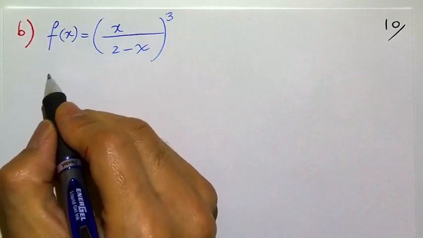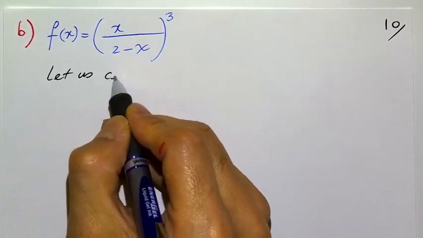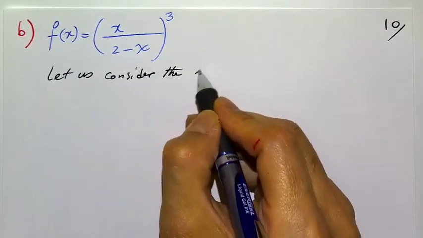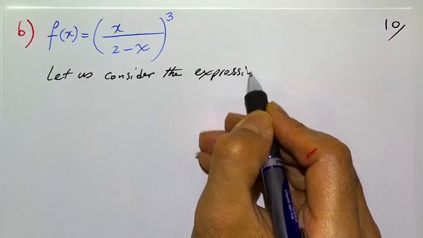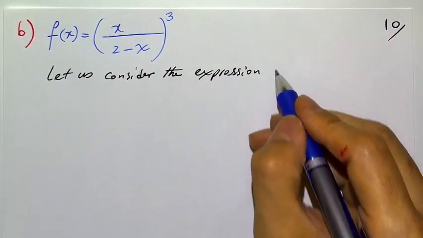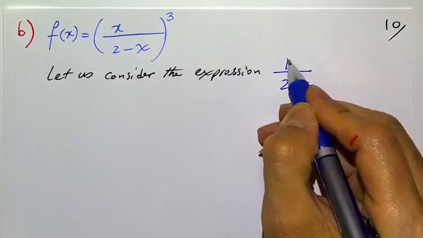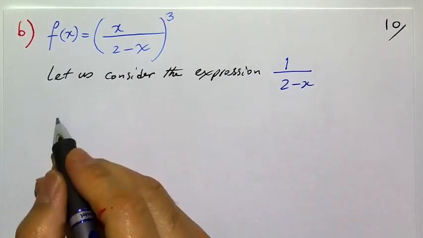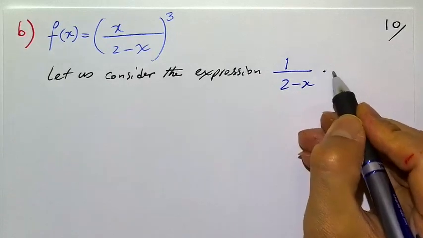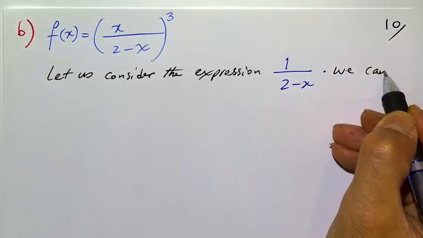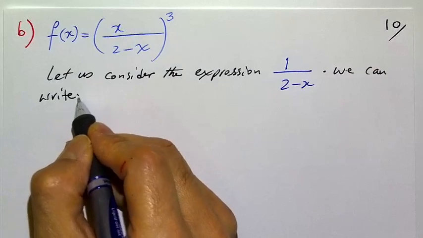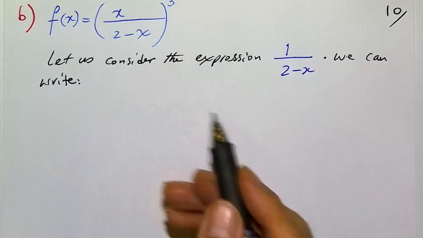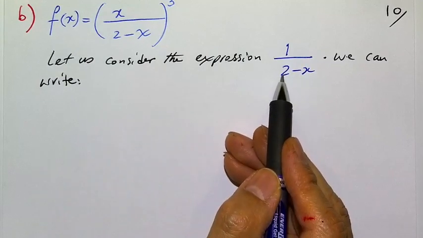So the expression 1 over 2 minus x. Okay. All right. So then let's rewrite this. We need a 1 there, right?